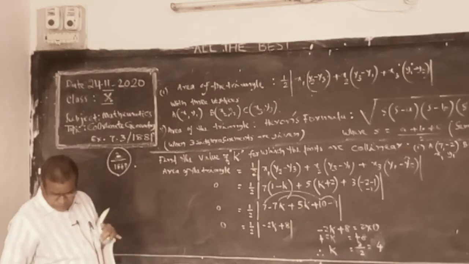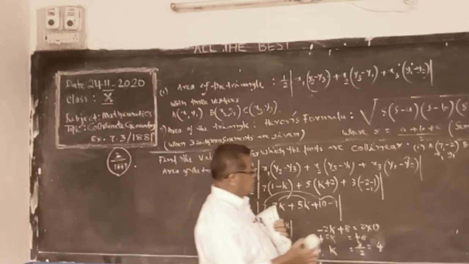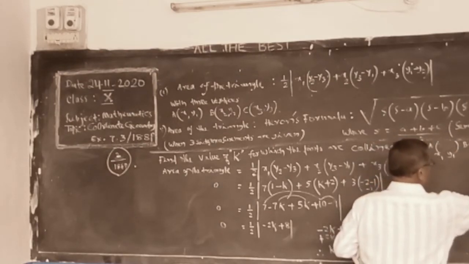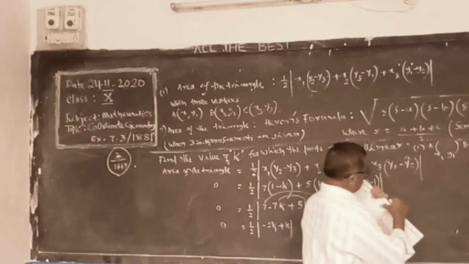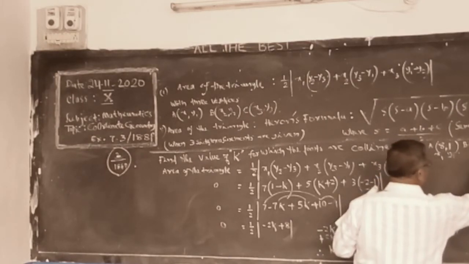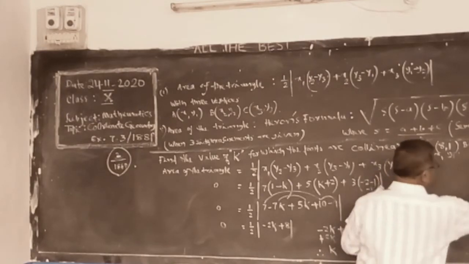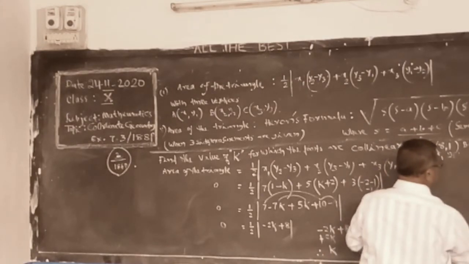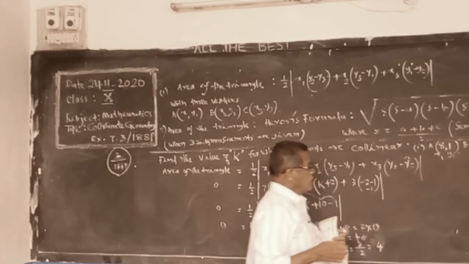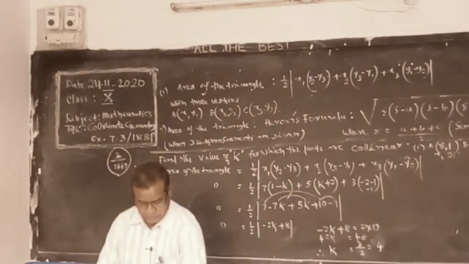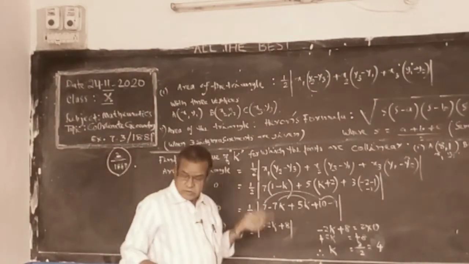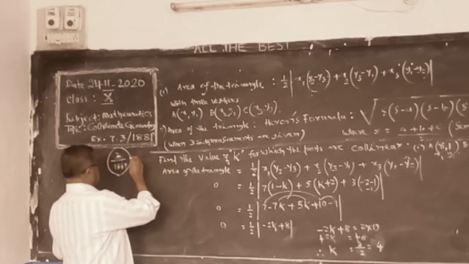One more problem of this type. A (8, 1), B (k, -4) and C (2, -5).